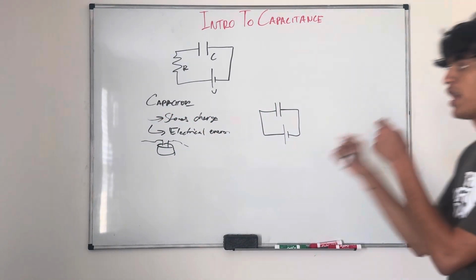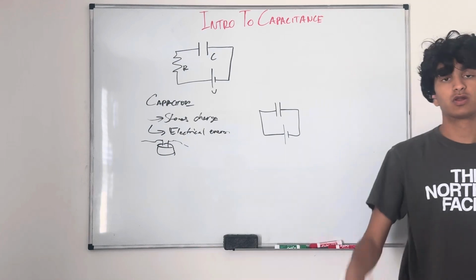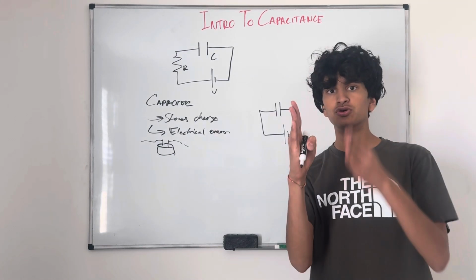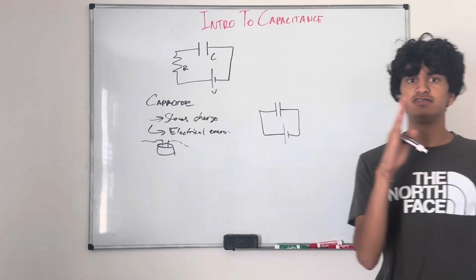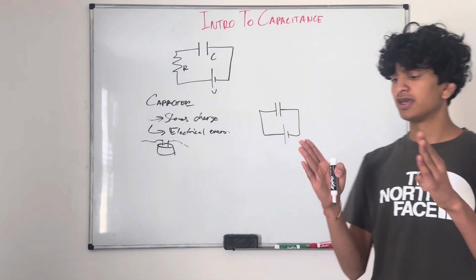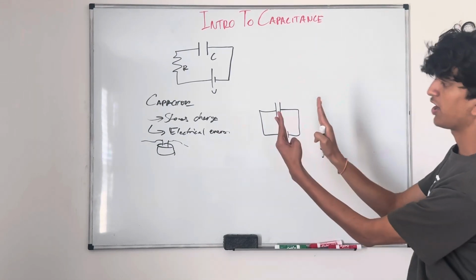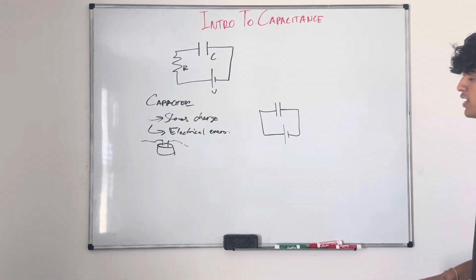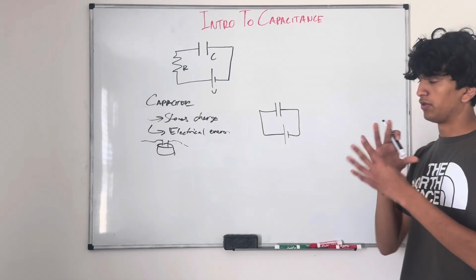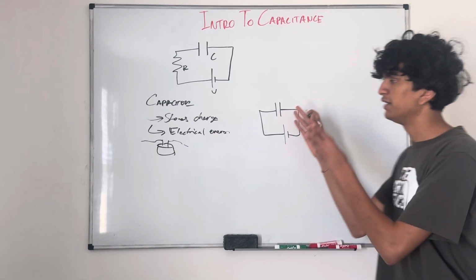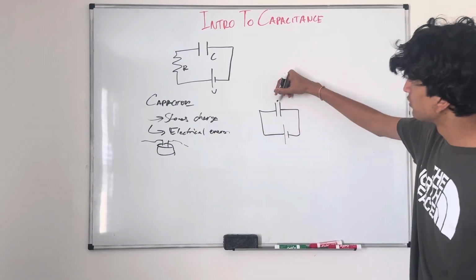Inside of this capacitor, if you were to dissect it, it would likely have two conductive sheets of metal, separated like this. If you look at the top down, these two sheets are separated with something in the middle. Usually there's paper or something in the middle.